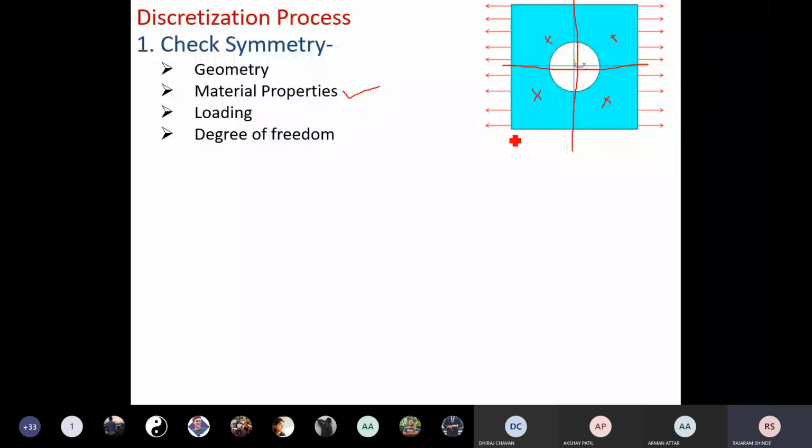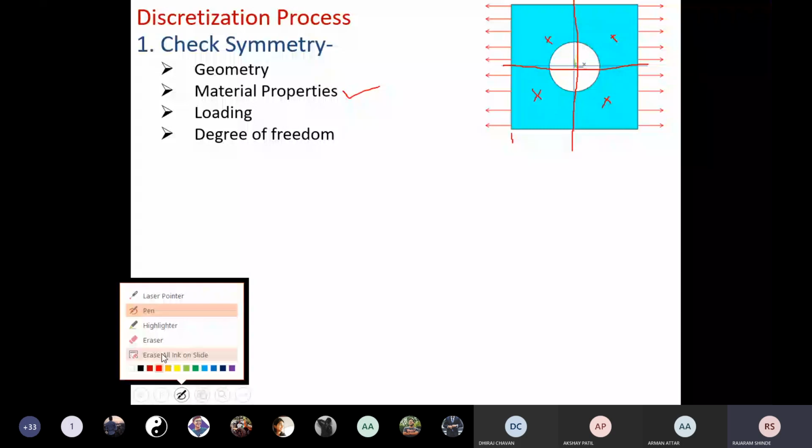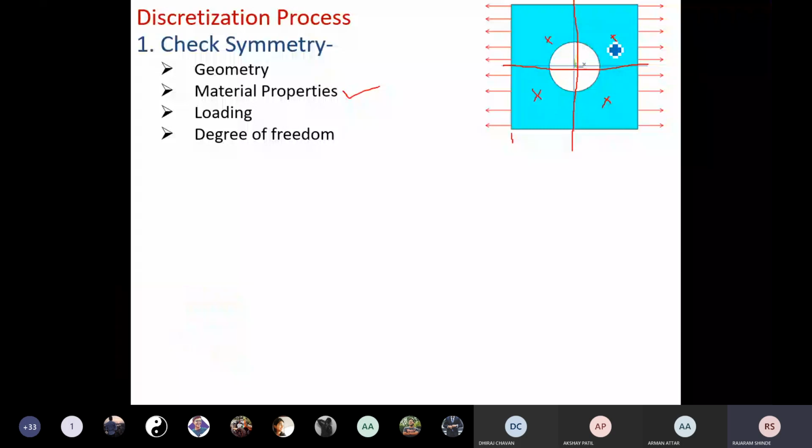And one more thing, if your geometry is symmetric, meaning these dimensions and these dimensions are the same, then the geometry is also symmetric about the vertical as well as the horizontal axis.